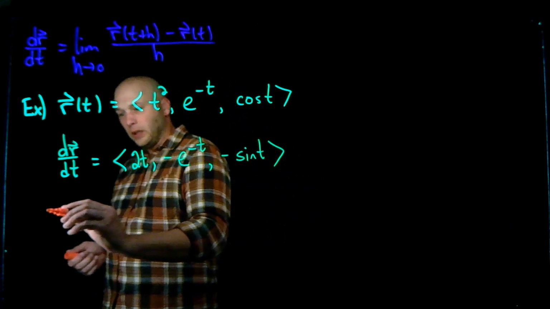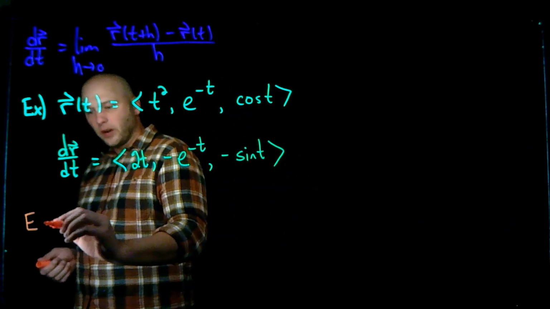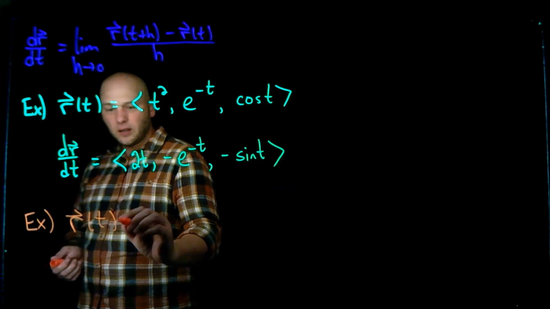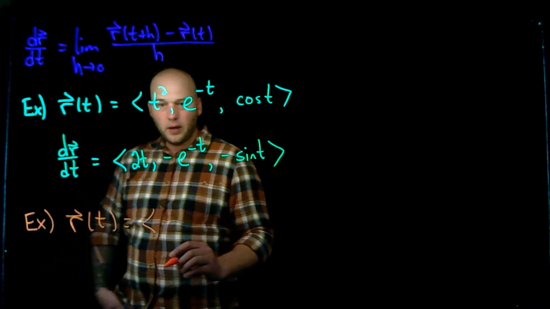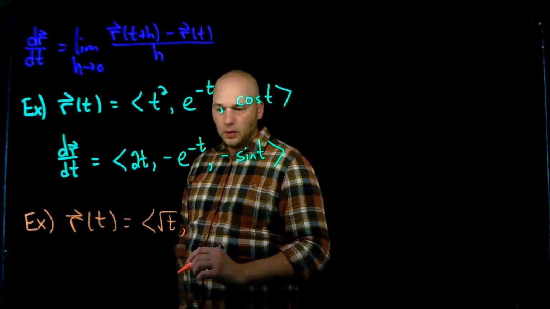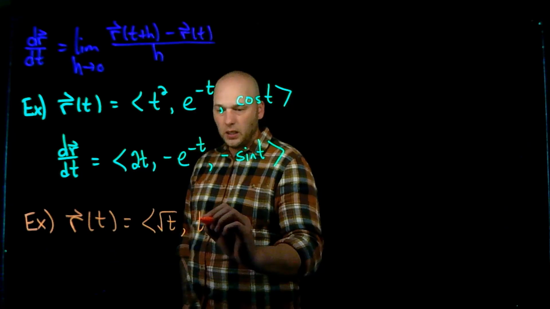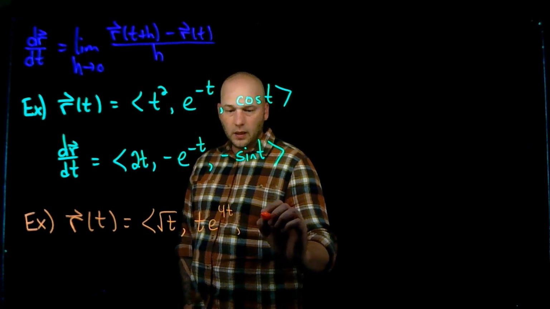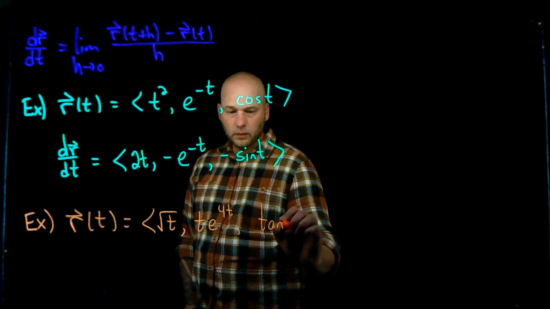Another example. Let's say I wanted to differentiate a vector function of the form r of t is equal to the square root of t, t e to the 4t, and then tan inverse of t.